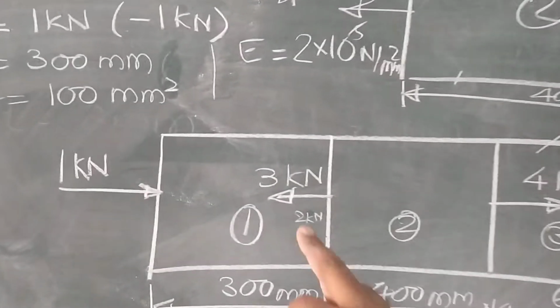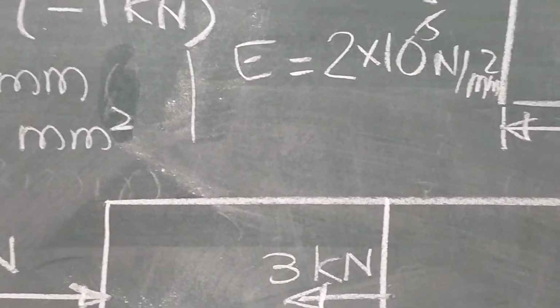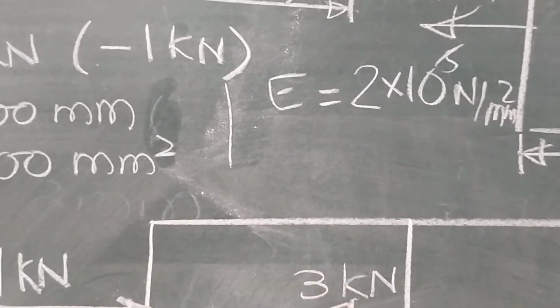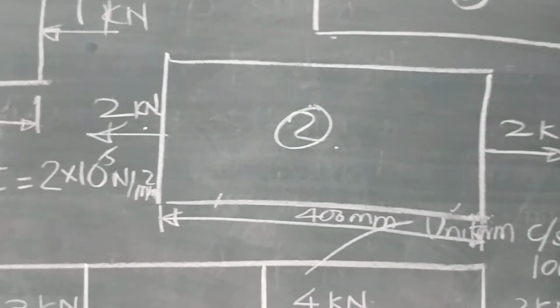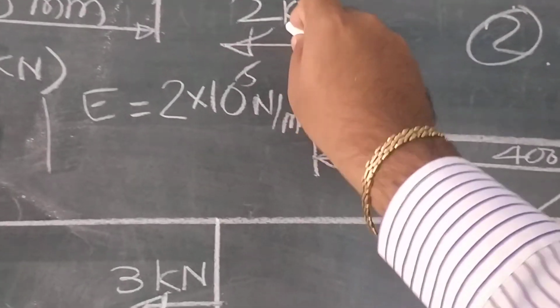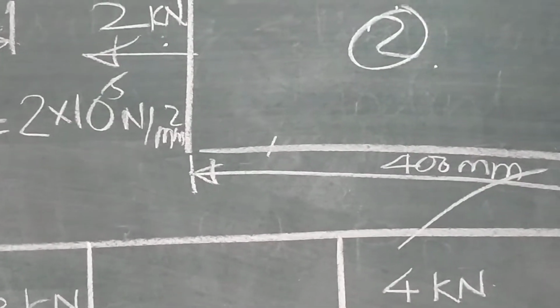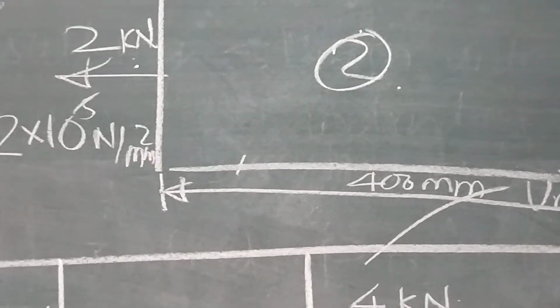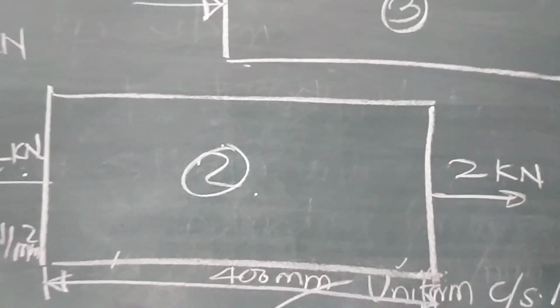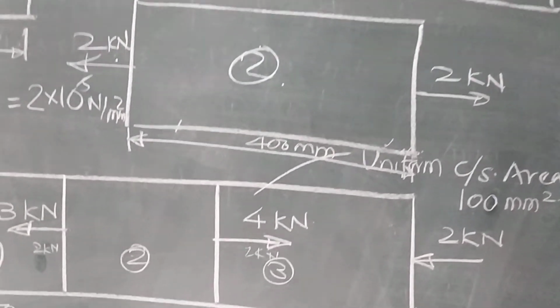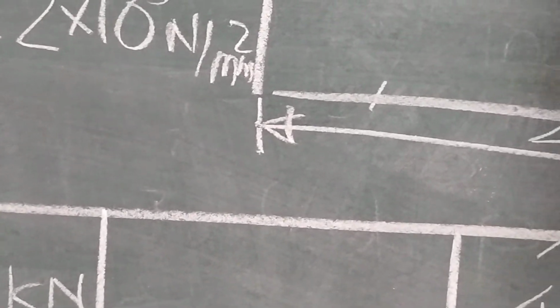Second, we have taken 1 kilonewton in section 1, 2 are balanced. So let us think about the second section, 2 kilonewton of pull nature or tensile nature. Here 2 kilonewton balance, again we are taking 2 kilonewton here, so it is of tensile nature.